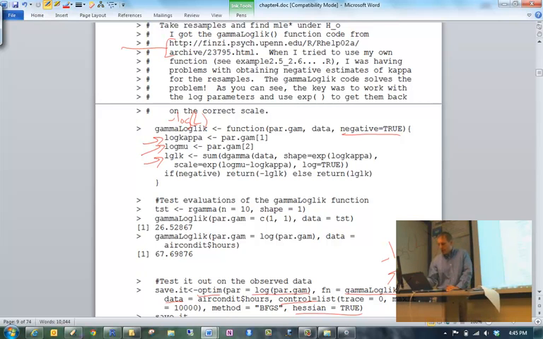Now, remember with the log likelihood function, let's call it L, you're taking the log of the product of some densities, or equivalently, you're taking the sum of the log of the density, right?